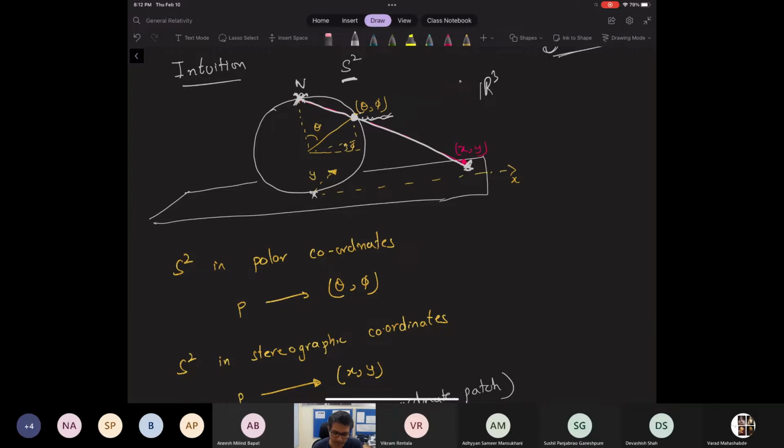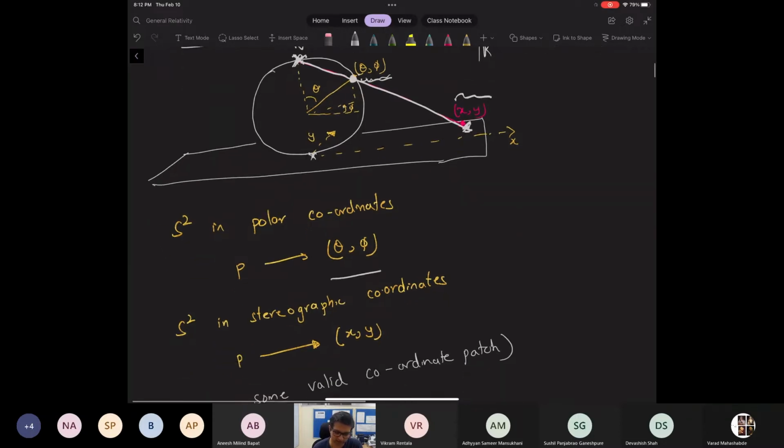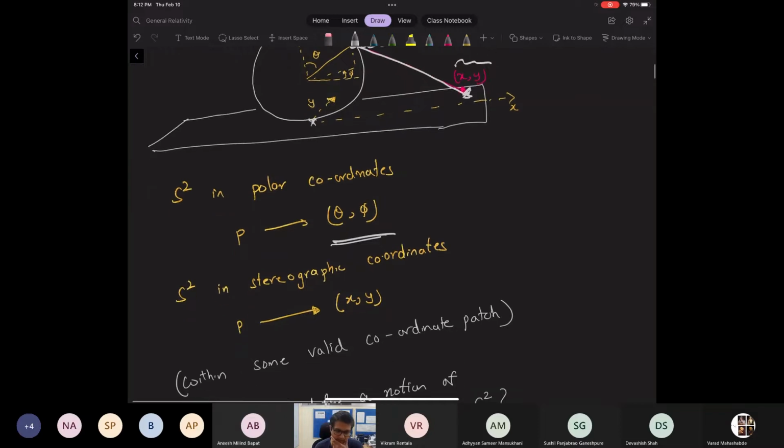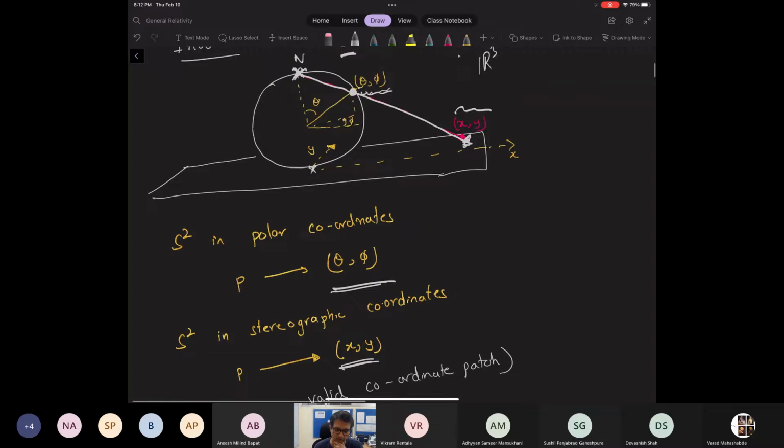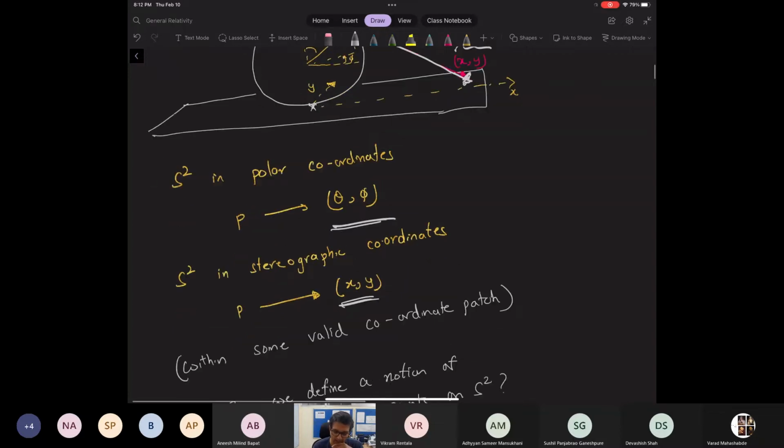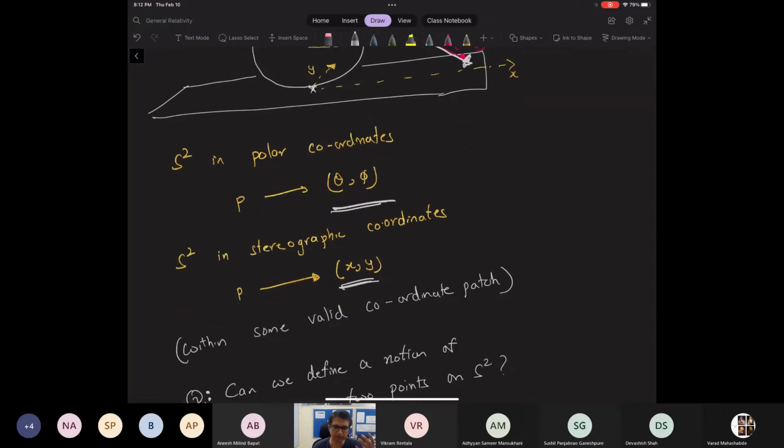Now this point is labeled by xy coordinates, and this xy coordinate is unique for this point. So instead of using standard polar coordinates and defining the points by their theta phi, I can define them using these stereographic coordinates by an xy coordinate. Both of these are perfectly valid coordinates within some coordinate patch.